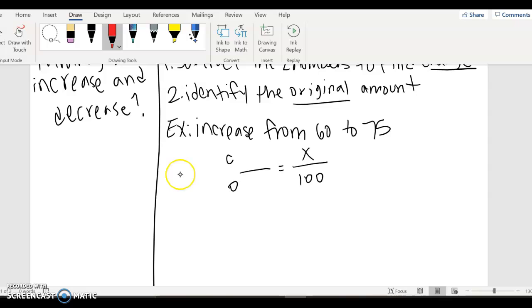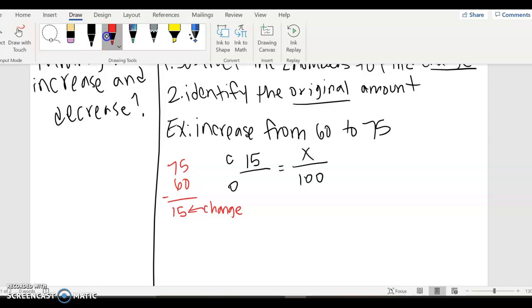So just subtract. Remember, the bigger number goes on top. So 75 minus 60 is going to leave us with 15. And that number represents our change, how much it changed from 60 to 75. So that is going to go in the top of our proportion.